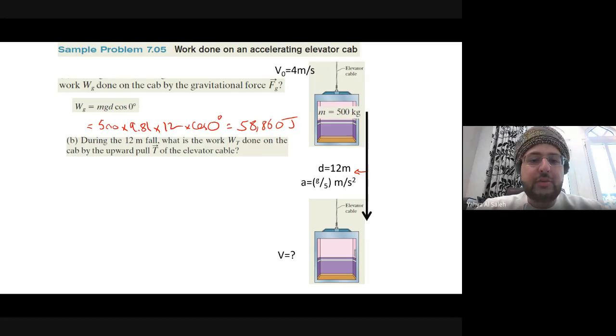Now B, during the 12-meter fall, what is the work done on the cab by the upward pull T of the elevator cable? Now it is very tempting to say just minus that. But let's not rush to conclusions and do it step by step.